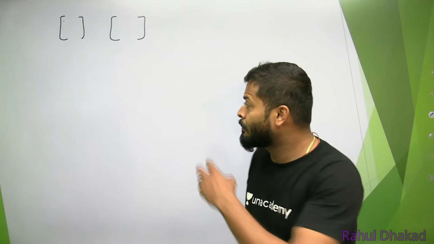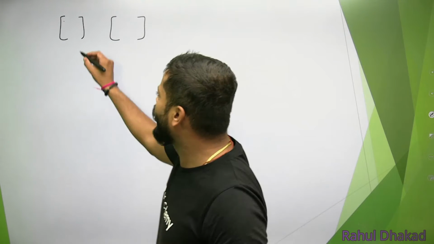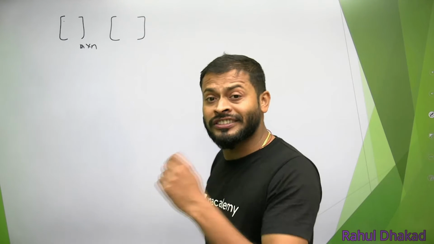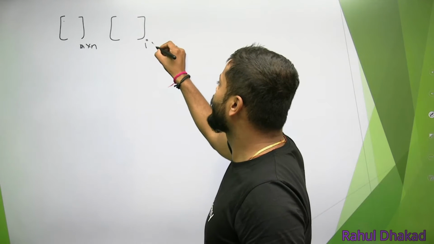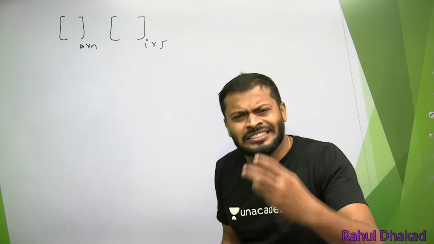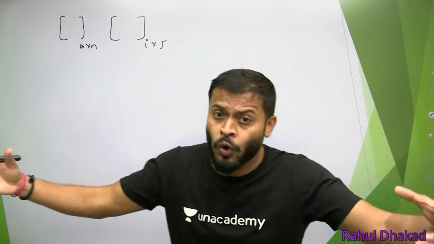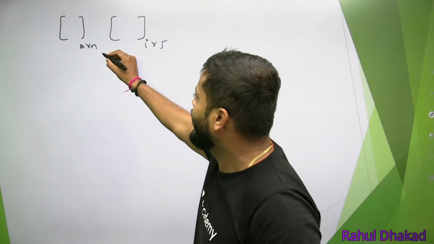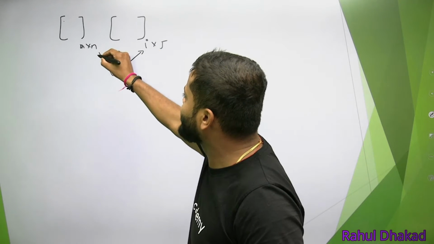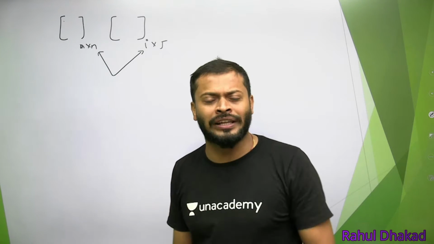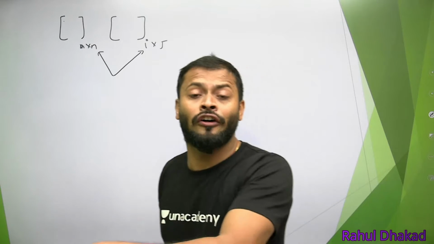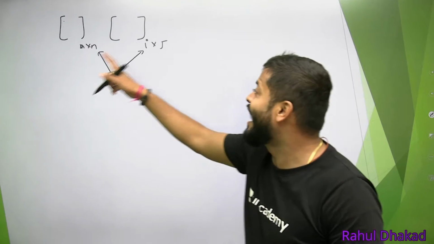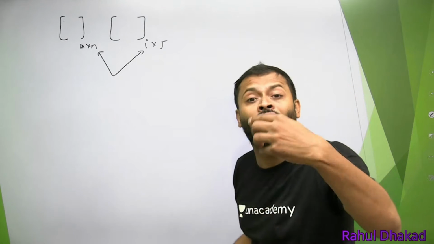My dear friends, suppose you have two matrices, and the order of the first matrix is m cross n and the order of the second matrix is i cross j. So what is the eligibility criteria for two matrices to be multiplied? My dear friends, these two things must be the same. n is the number of columns of the first matrix and i is the number of rows of the second matrix.